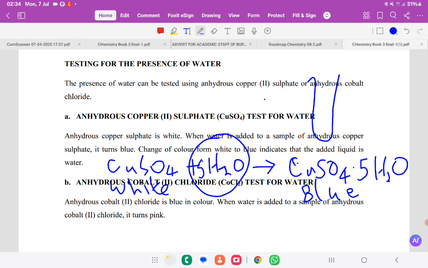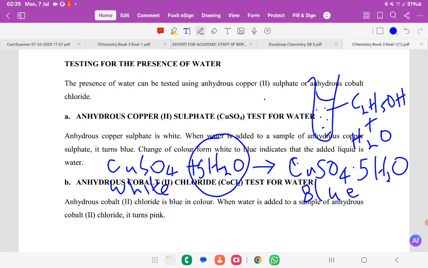Remember that ethanol and water will form a homogeneous mixture, a uniform mixture. Suppose you have ethanol, C2H5OH, added to water. So in this mixture, there is water.